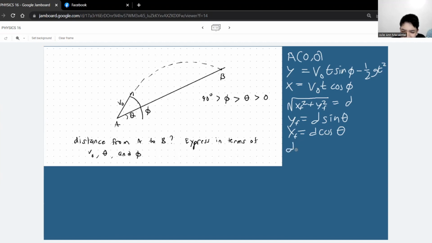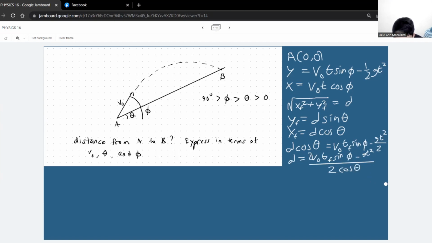By equating them. So d cosine theta is equal to sine phi... Yun na po yan, ako yung answer.